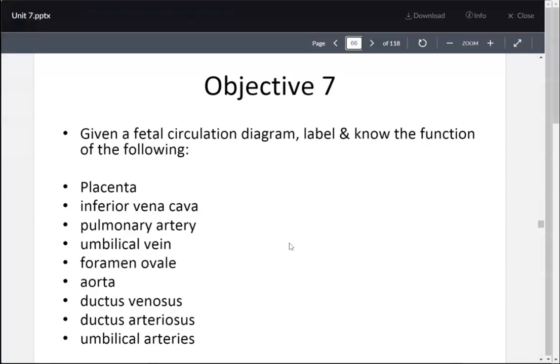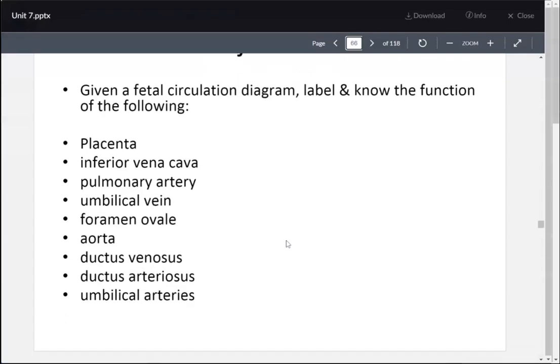All right, so now let's talk about the fetal development of the cardiovascular system. So there are some differences, which is hopefully something you knew, even if you don't know exactly what those differences are, between a fetal cardiovascular system and even a newborn's.